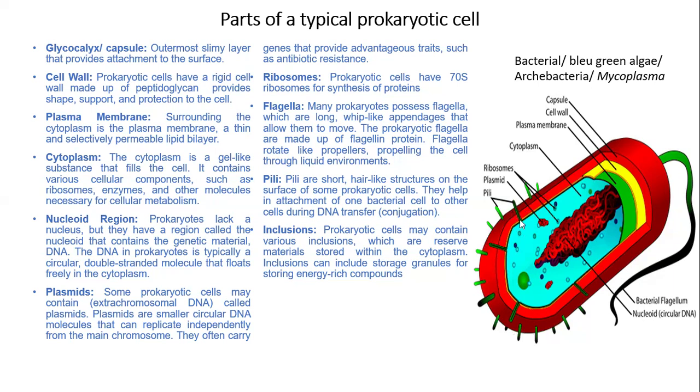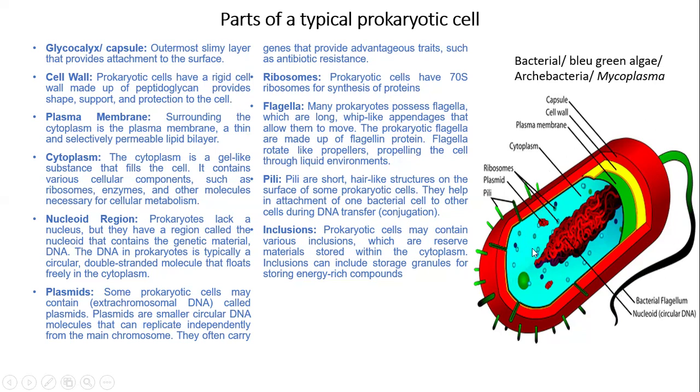If there is any transfer of materials, it can take place through these pili, which are also known as fimbriae. And the tail-like or whip-like structure present at the back of this cell is the flagella. Flagella are the organ for locomotion.